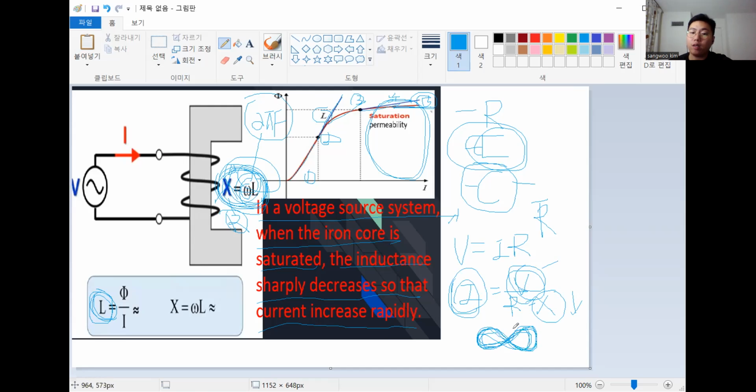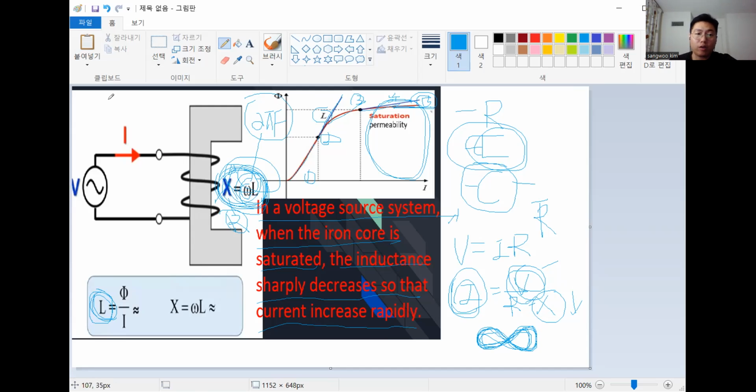But what I mean is it sharply increases. But there isn't an actual fault happening. But because of the steel core's characteristic, I mean, saturation, exactly, suddenly the current increases rapidly. You know what I mean? That's it. So try to understand this concept, really important, guys.